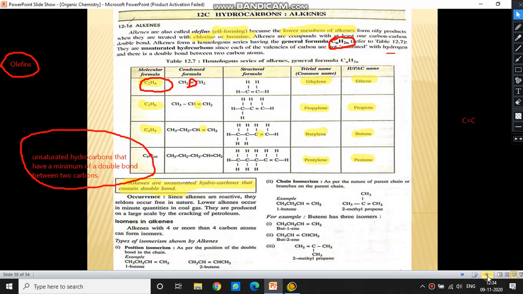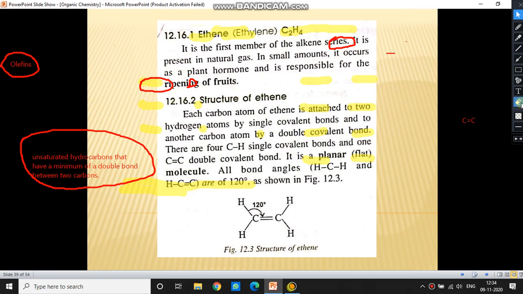Now in this next slide we are going to study ethene. First let me clear the slide so that visibility is better for you. Ethene, as you know, is also called ethylene. It is a common name and the formula is C2H4, the molecular formula.